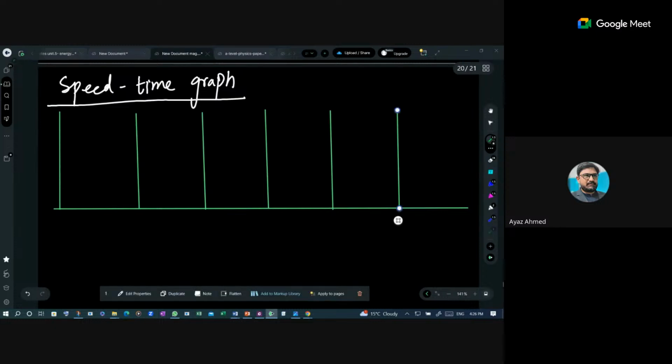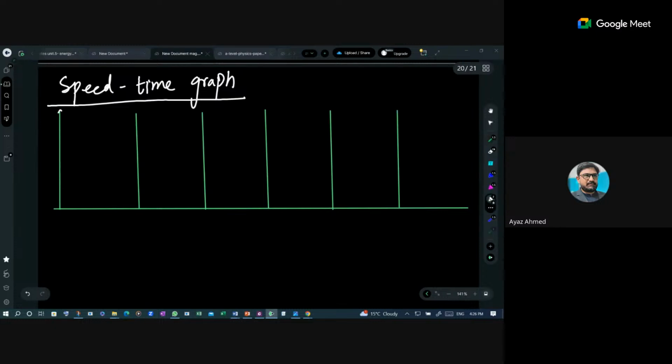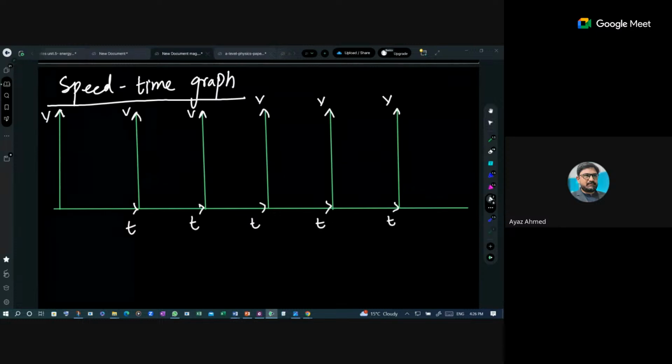These all are graphs basically. So this is your speed time graph, this is your speed and time graph, this is your speed and this is your time, this is your speed, and this is your time. Okay, let's draw the first one.